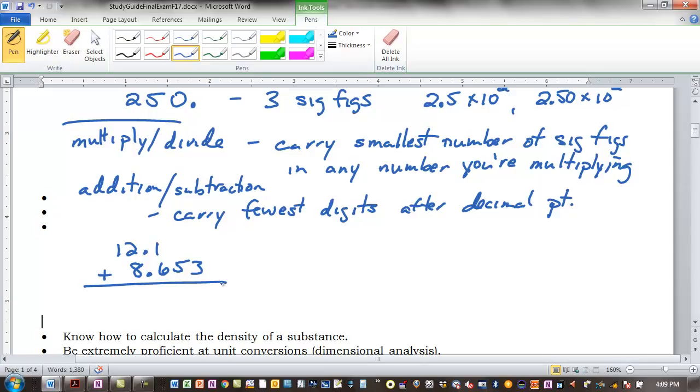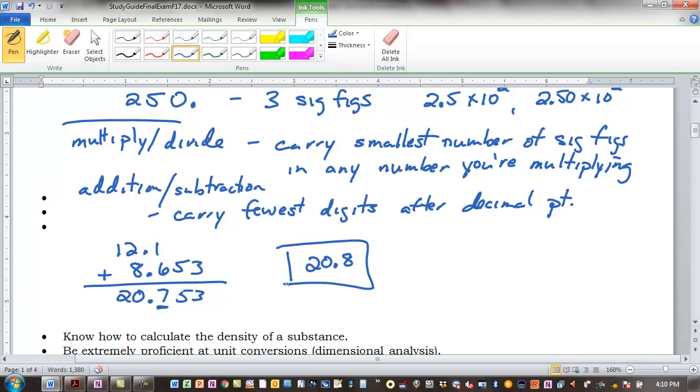Since the 12.1 only has 1 digit after the decimal point, we're just going to carry 1 digit in our answer. So we would just carry to this digit here. We'd round that up, so we'd round that to 20.8.